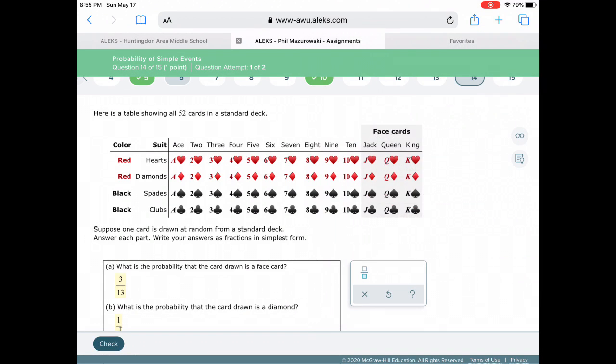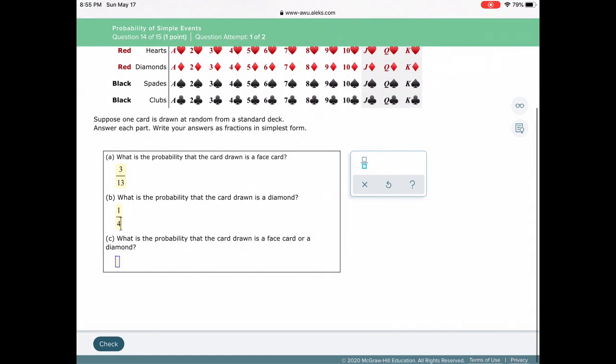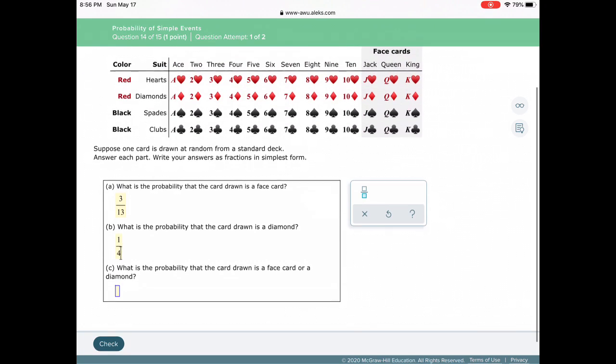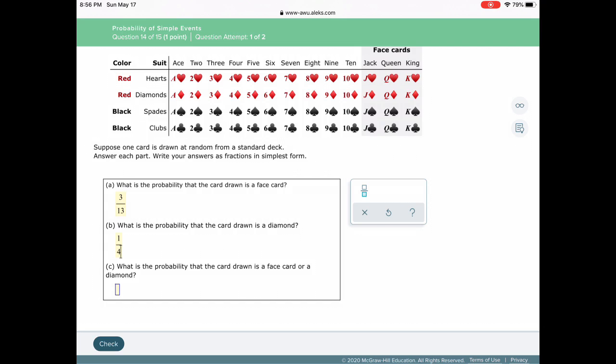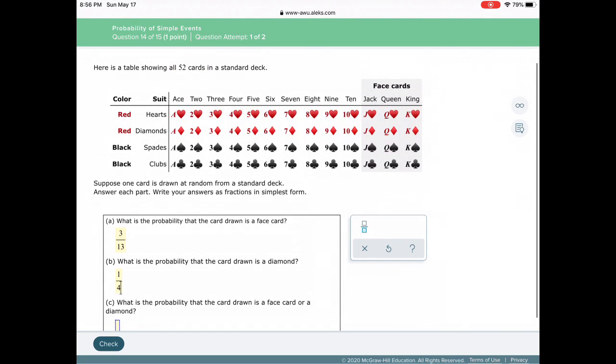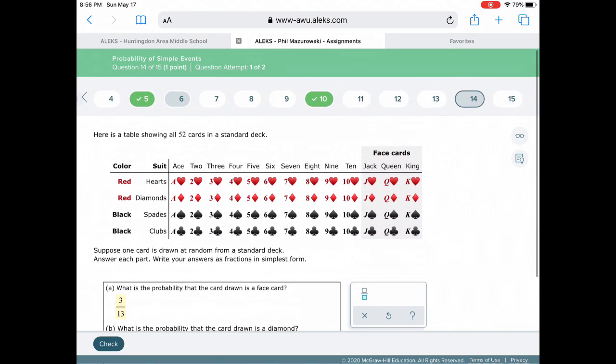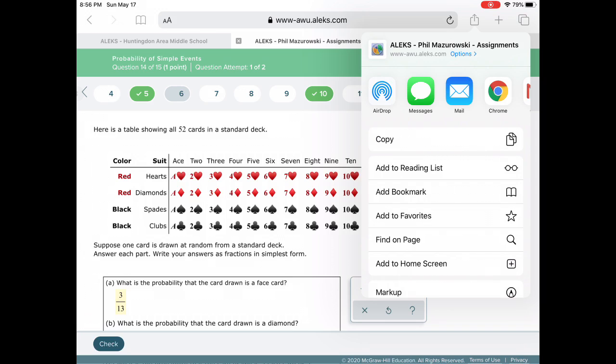And then the last one here, what's the probability that the card drawn is a face card or a diamond? Now we have to think about how many cards are face cards or diamonds, and you have to be careful not to double count here. I'll show you what I mean.